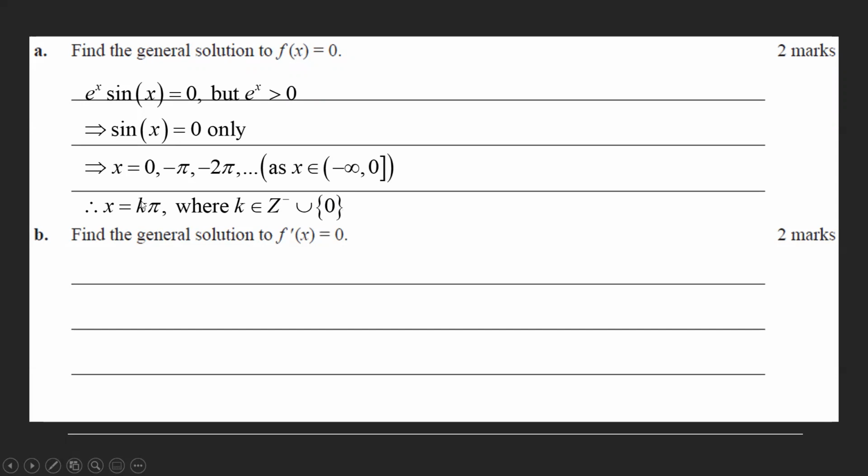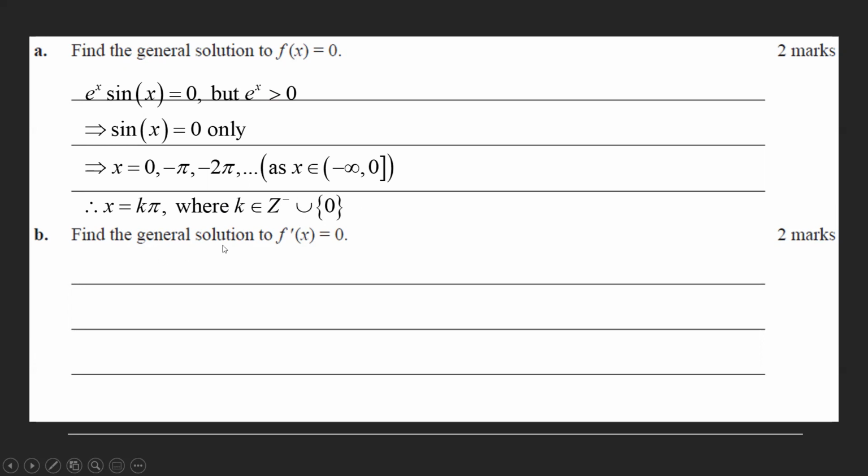Of course, if you write, let's say, k minus 1 pi, or k plus 1 pi, you need to adjust your k domain accordingly, okay? But here, I think the easiest way for me to write is x equals k pi, k is a negative integer, also including 0, okay?